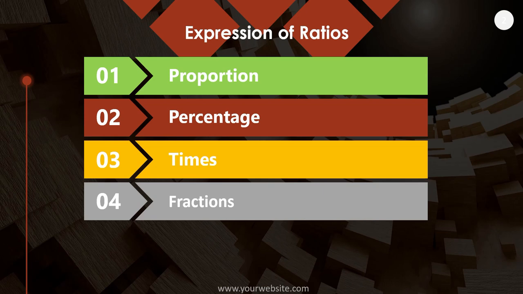It is termed a proportion. When it is expressed in the percentage way, it is called percentage, and likewise times and fractions. These are the 4 ways of expressing ratios in our accounting ratio analysis.